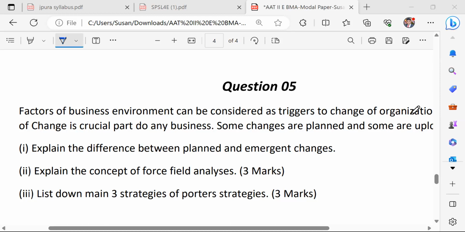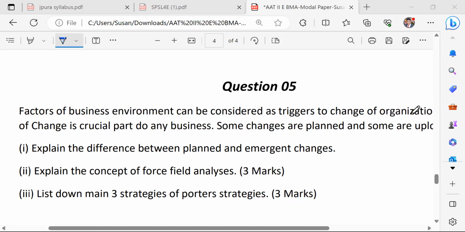Explain the concept of force field analysis, not in operations management, not in strategic management, but in change management, right? About the force field analysis, this is introduced by Cotter, C-O-T-T-E-R. Now, what is this?